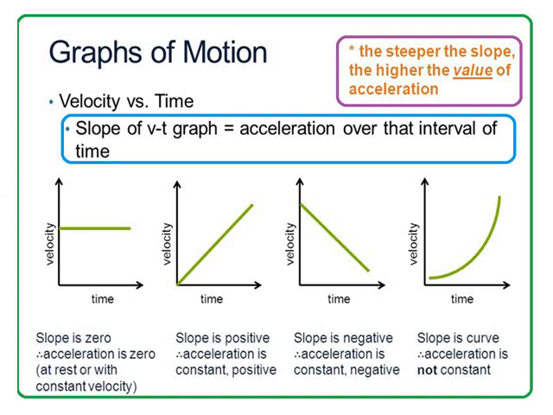And for a curve, we cannot find the slope. Only for a straight line we can find the slope. For a curve, it is not easy to find the x coordinate and y coordinate, which are supposed to be in the straight line. So slope is a curve, therefore acceleration here it is not uniform.